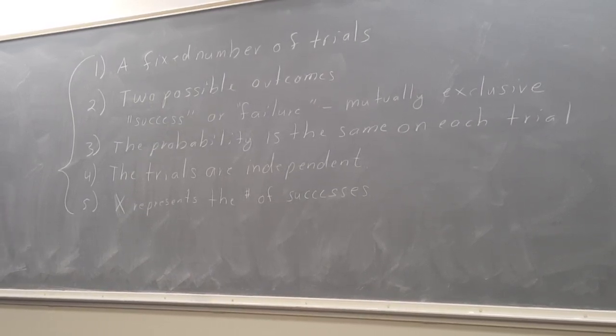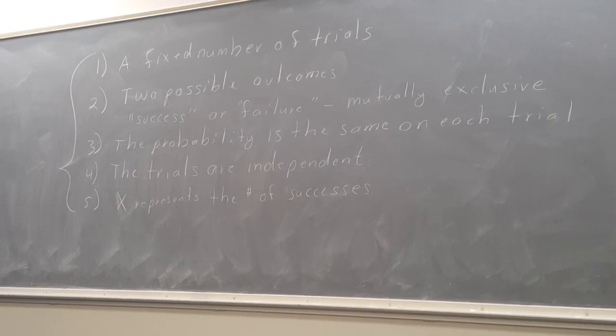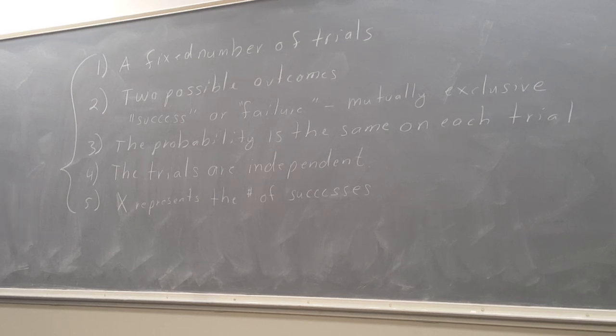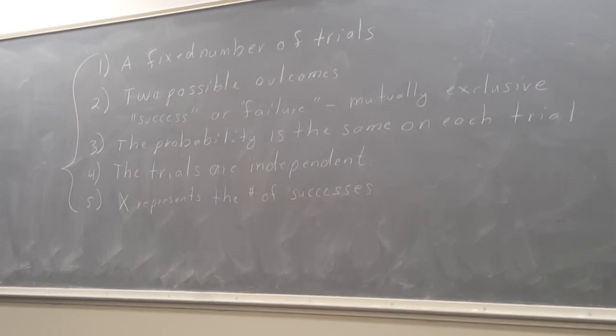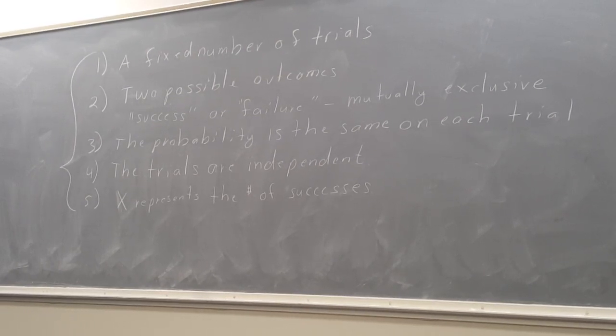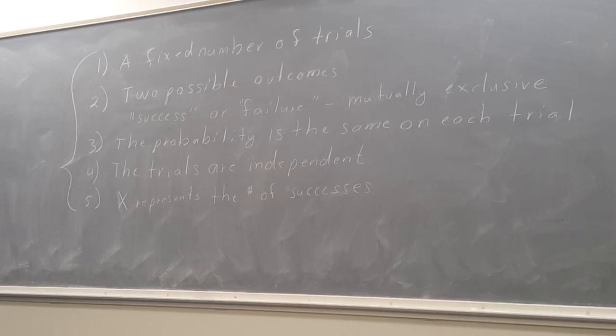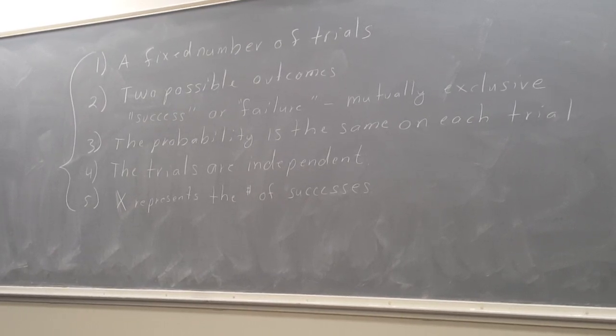So the first one is 3 cards are drawn. So n equals 3. So that fits, because that's the number of trials. There's 2 possible outcomes. Is that true? Yeah, you have red or green. So that makes that one work.